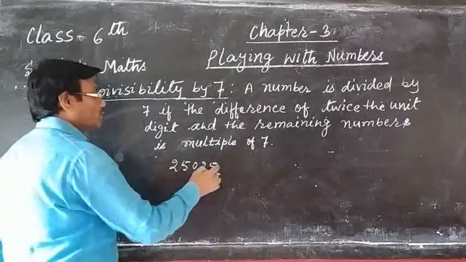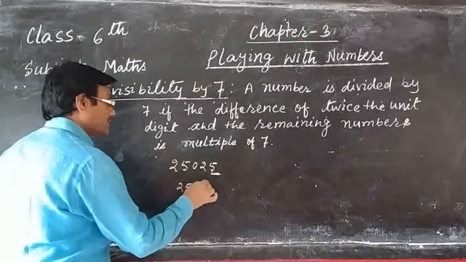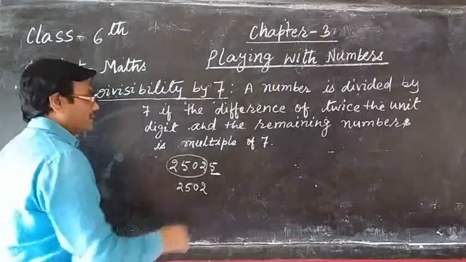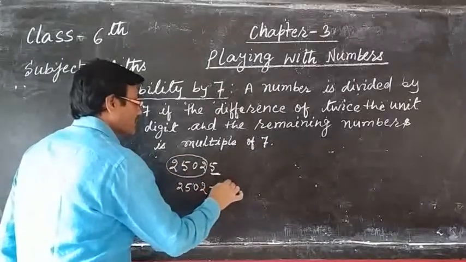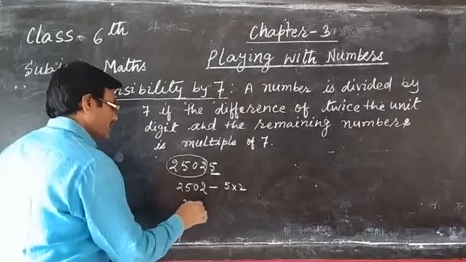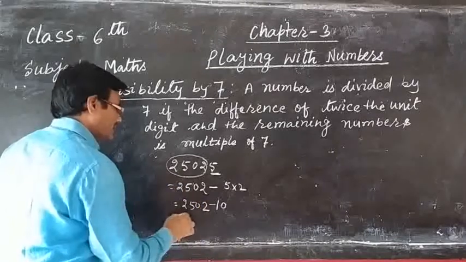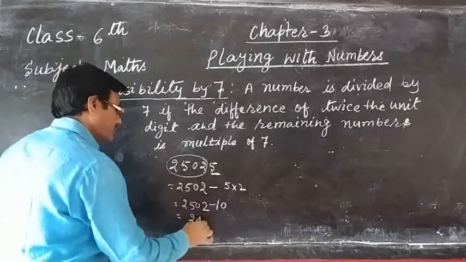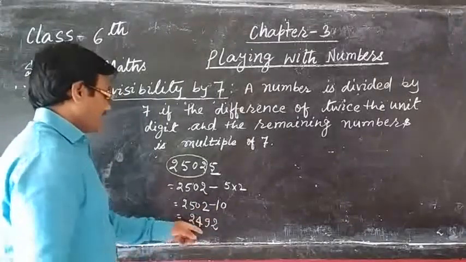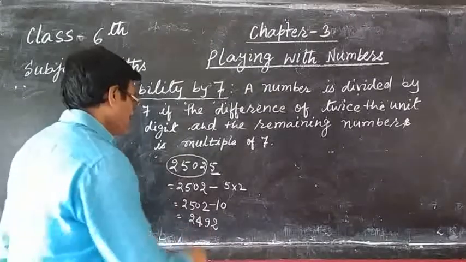Now we double this number, and the rest of the number is 2502, minus 5 into 2. It will be 2502 minus 10. It will be 2492. Okay. Again, it is difficult to know if it is divisible by 7 or not.